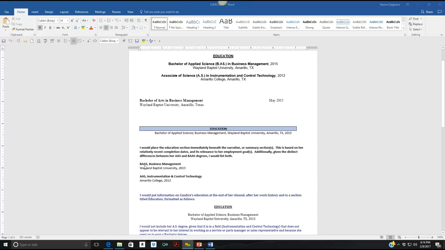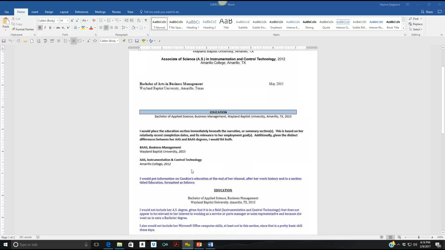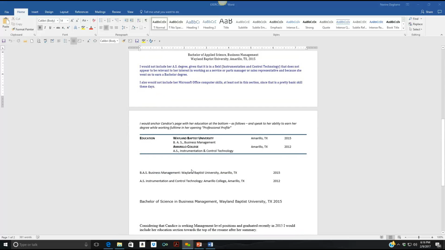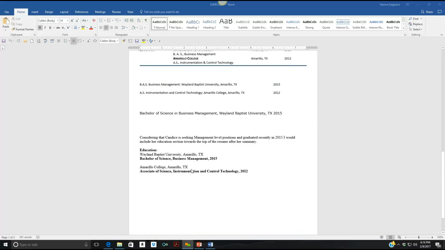If we go back to this one that's just BAAS, comma, Business Management, perfectly fine. If you want to put the periods in there and the comma, perfectly fine. Just be consistent. And try to stay away from extra wording like in or degree. It's not necessary to have it. But thanks for bringing that up, LJ.